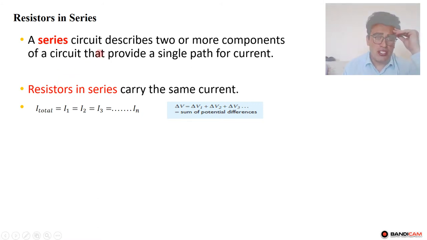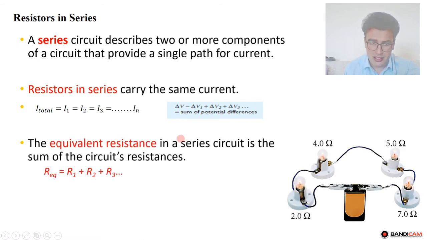A series circuit describes two or more components of a circuit that provide a single path for the current. In a series circuit, as we said before, they provide a single path for the current, and the resistors in series carry the same current. For example, when we have a series circuit, the amount of the current will be the same.